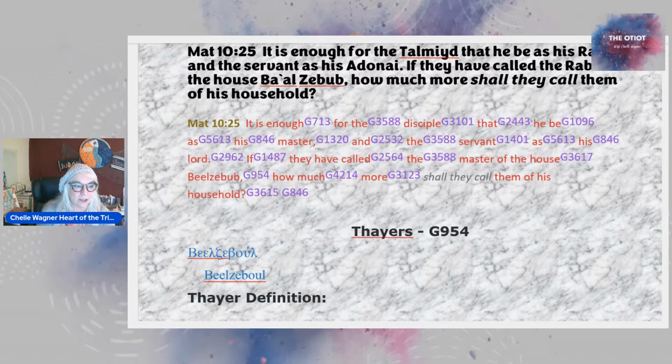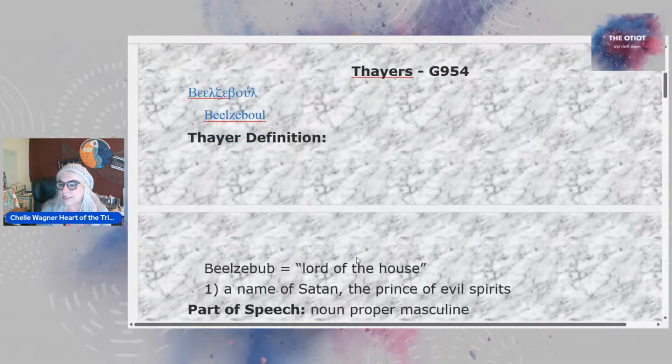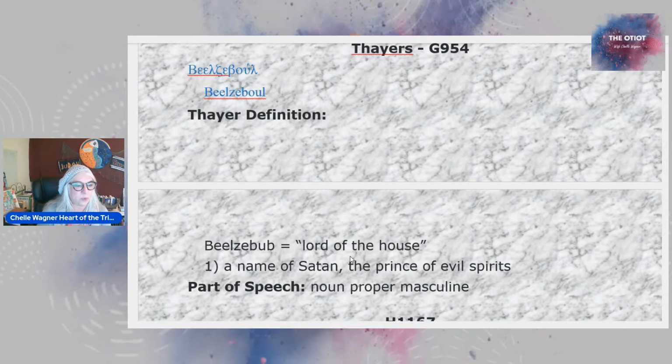I chose Thayer's. What I'm always trying to do, because I'm looking at the Hebrew and the Otiot, is take things back to the original, to that pure language. So the Thayer definition is Lord of the house. Okay, a name of Satan, the prince of evil spirits, a proper noun, a proper masculine.